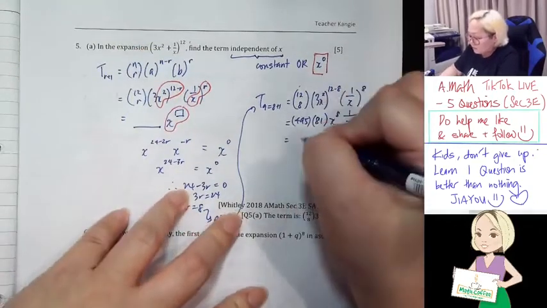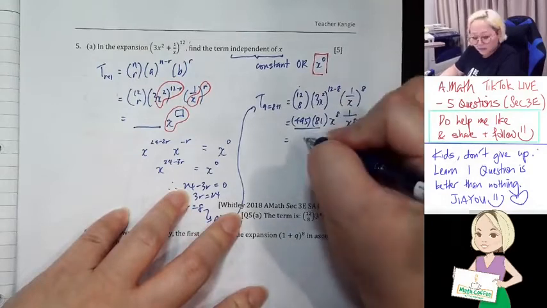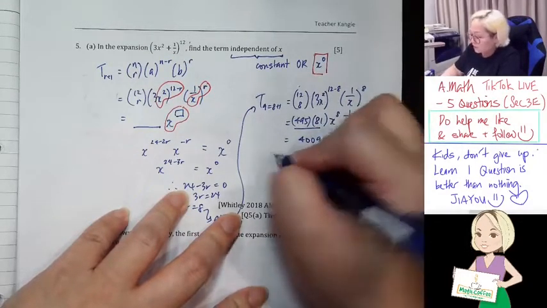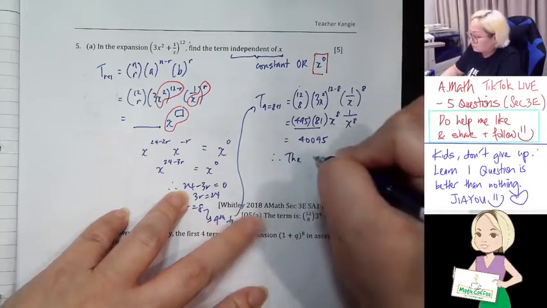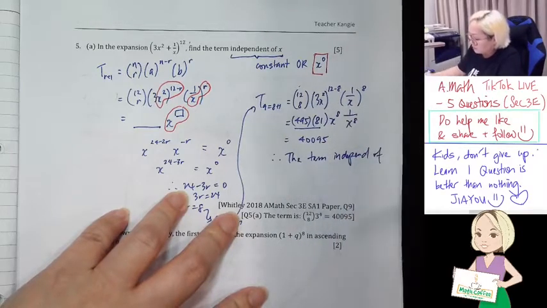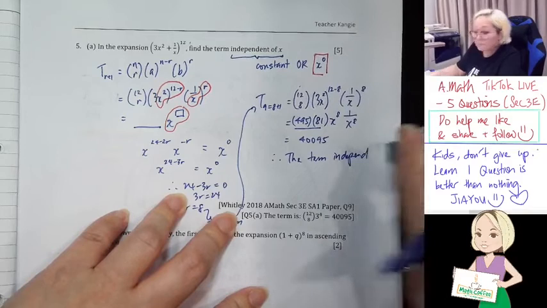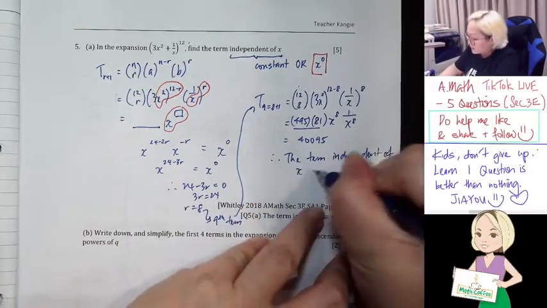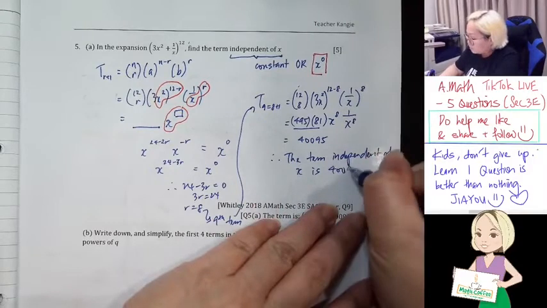So I'm left with 495 times 81, which gives me 40095. Therefore, the term independent of x is 40095. Done.